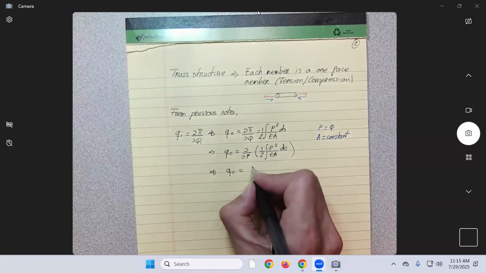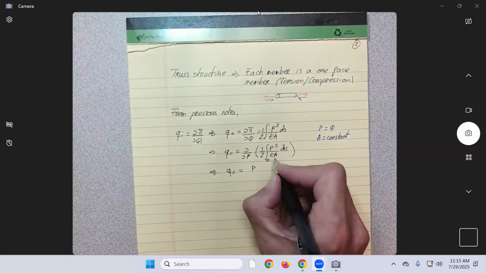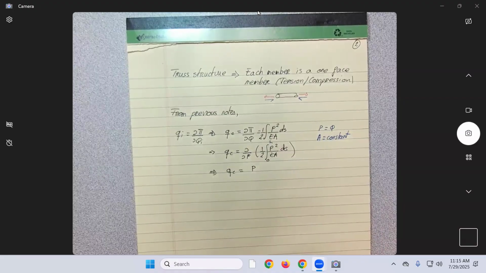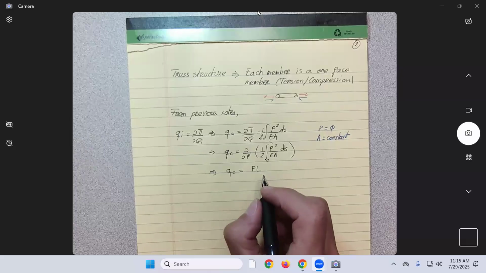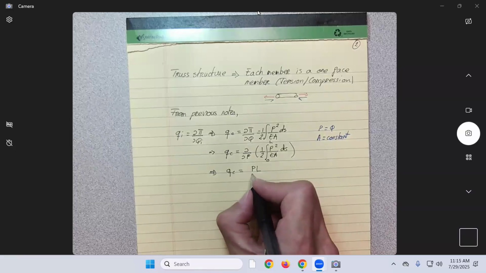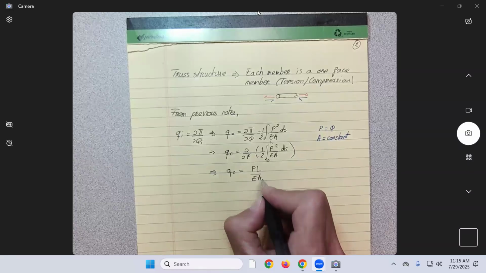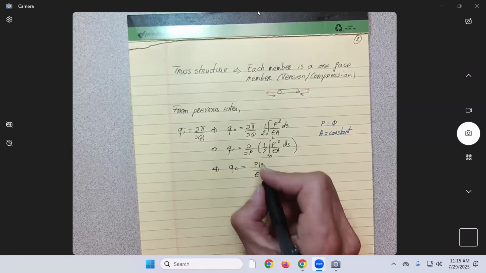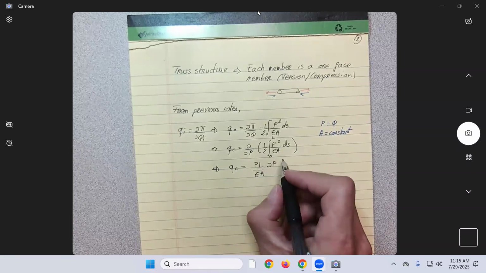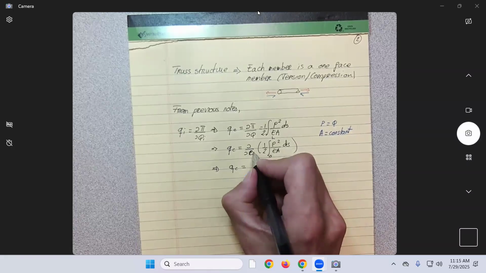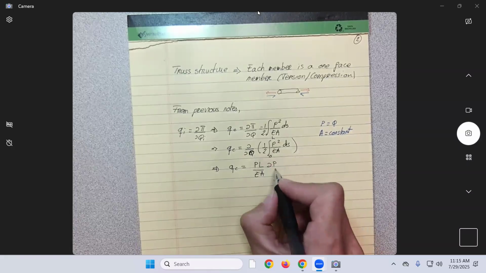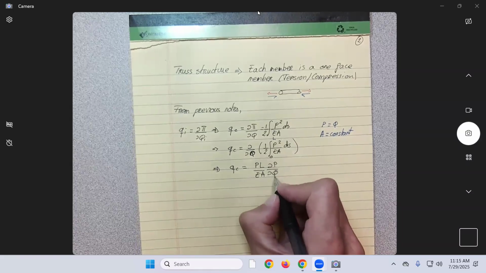Let's say each member will be of length L, the length of the element. So P L over EA, partial of P with respect to Q. Sorry for that, it's just notation, but it will help.